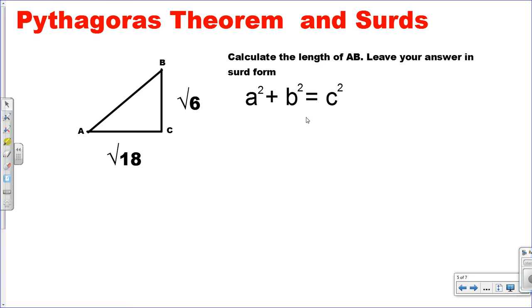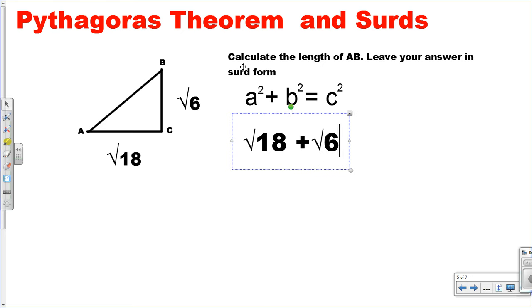So square root of 18, let's bring this down here, plus square root of 6 is going to give us our hypotenuse, which is AB.